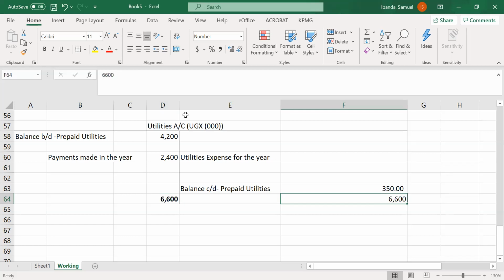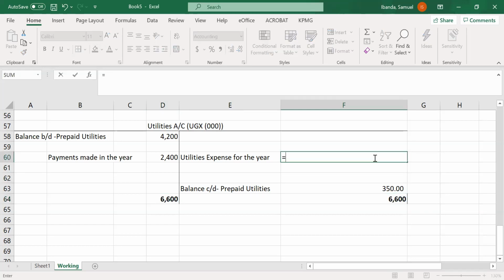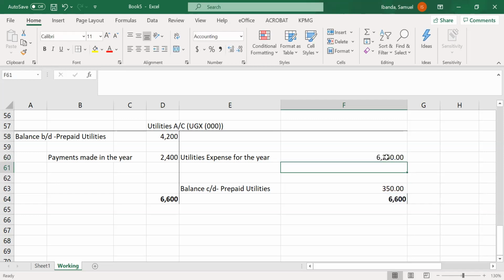This side should be 6,600. So the difference will now give me the utilities that I should consider for the year. So my utilities that I should consider for the year is how much? 6,250. So what am I going to do now?